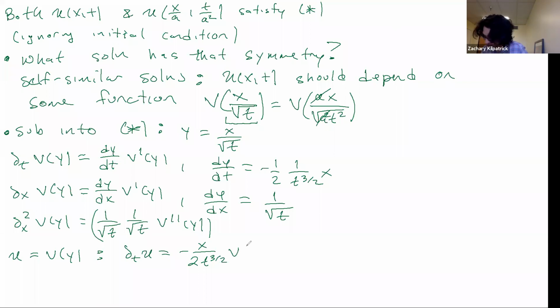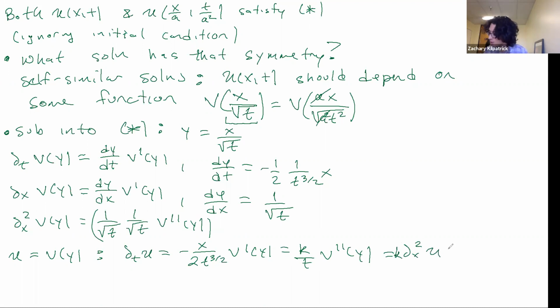So this should be a v prime of y. This is equal to k over t v prime prime of y. Okay. And so this is equal to our k dx squared of u here.